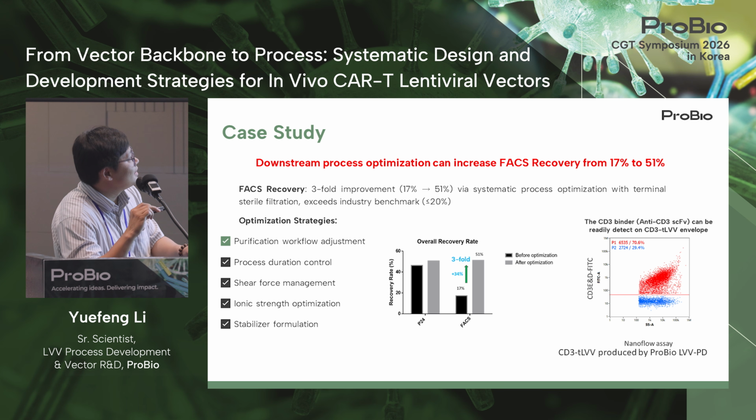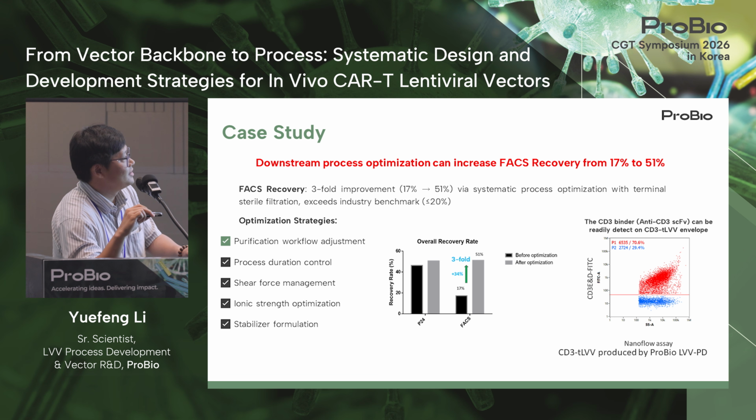But if we do some optimizations on these factors, for example, we adjust the workflow, we control the time period for purification, we do some shear force management, we do some ionic strength optimization or formulation optimization, we can increase the recovery of LVVs.